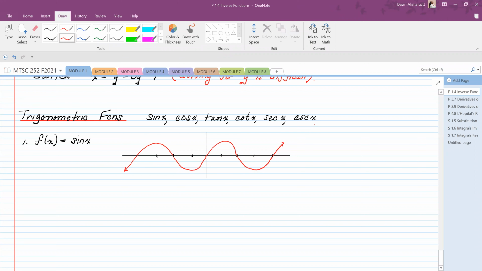But if I restrict it, so right here, this is minus pi over 2. And this is pi over 2. And if I restrict it between those 2 points, and whoops, that doesn't look right, because my function's a little crooked, but you know.